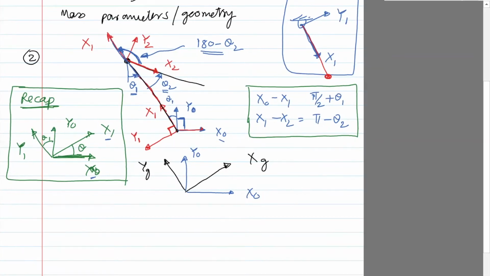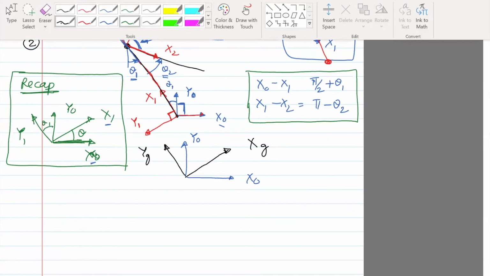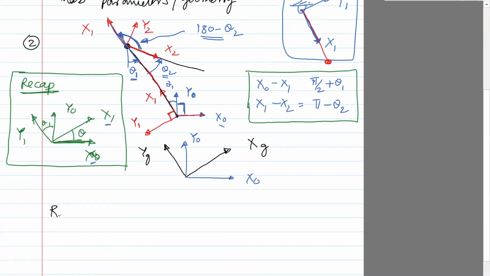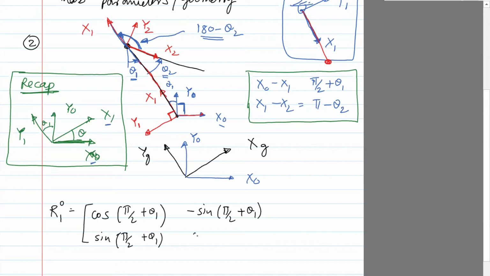Because I have already defined these angles, now I can write R10. R10 is simply cosine of the angle between x0 and x1. So that's cosine pi by 2 plus theta 1, minus sine pi by 2 plus theta 1, sine pi by 2 plus theta 1 and cosine pi by 2 plus theta 1.